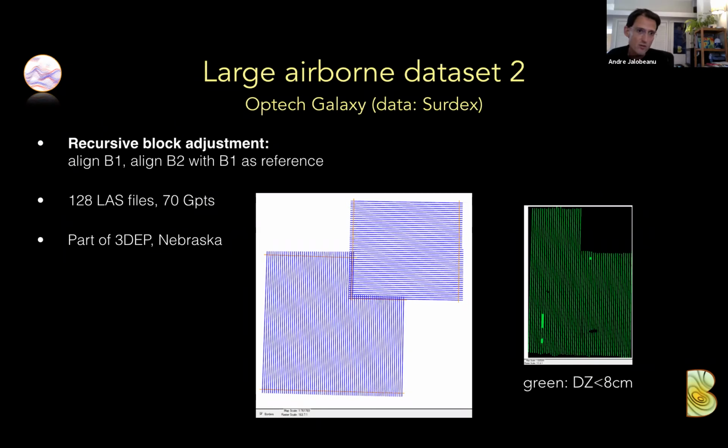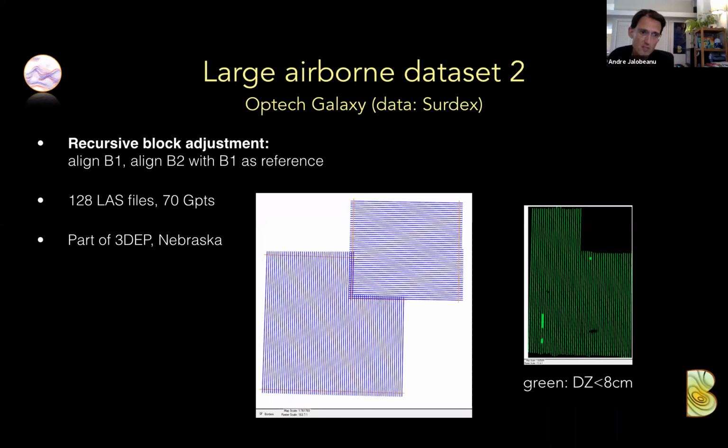So that's what they've been doing for 3DEP. Here, that's an example for Nebraska. So for this particular project, it's about 70 billion points. So it works really well. If you don't have too many blocks, it's pretty much the same result as aligning everything at the same time.